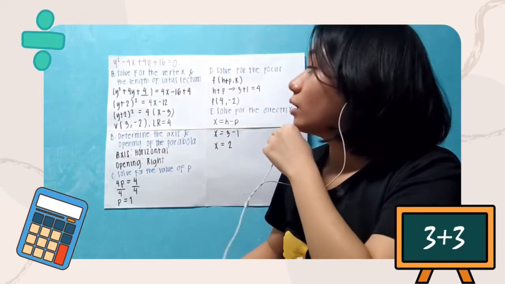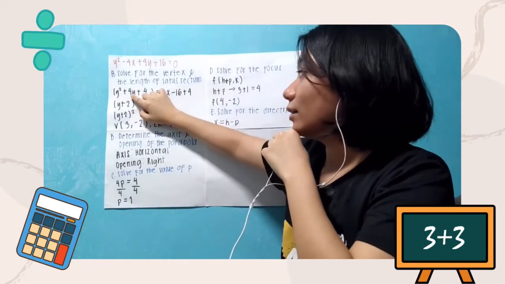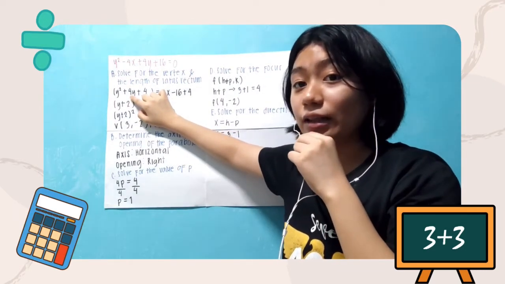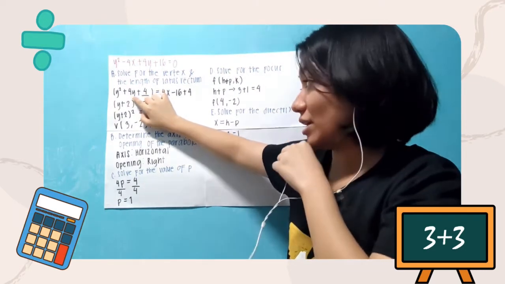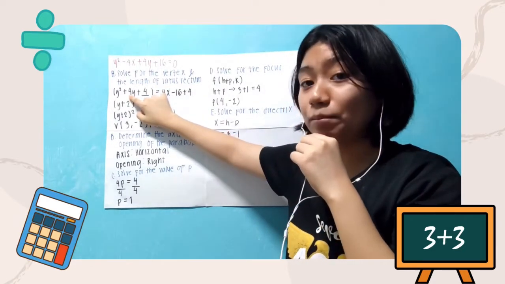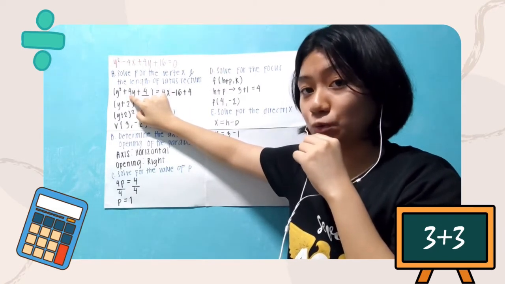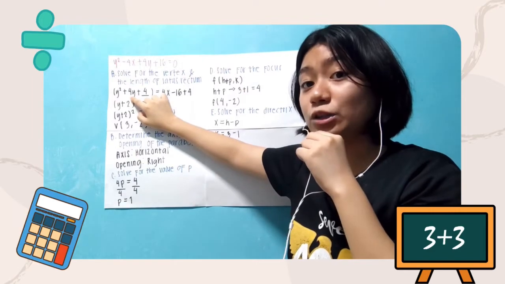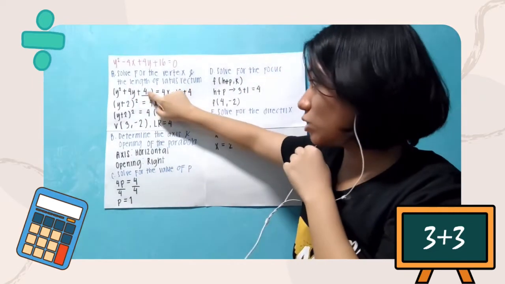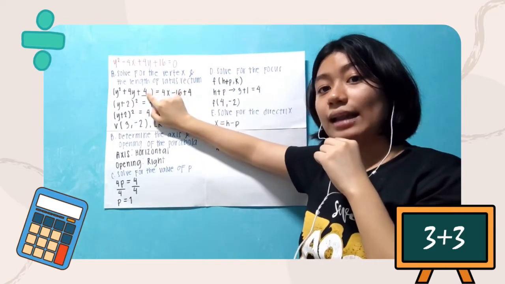So here, the 4 is the constant of the middle term of the perfect square trinomial. So we need to divide it by 2. So 4 divided by 2 is equal to 2. Then we need to square it. So 2 squared is equal to 4. So the 4 here now is the value of the last term.